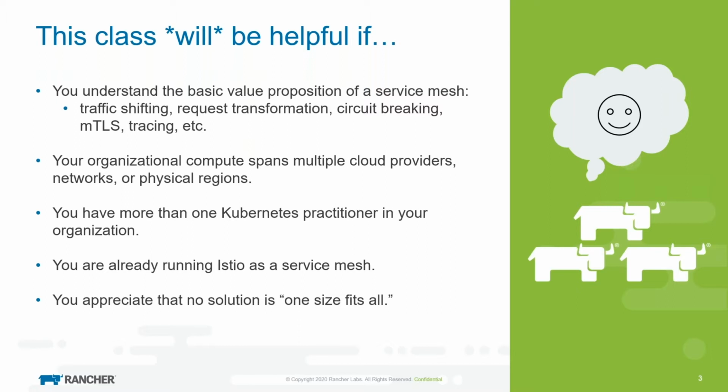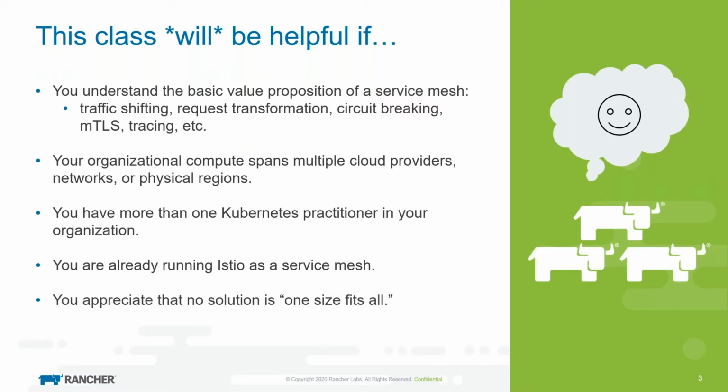Or you understand that the need exists. Secondly, an Istio that spans multiple clusters wouldn't be very useful if you're an organization that's only running one cluster. So there's kind of an implicit requirement here that you're spanning multiple cloud providers, maybe you have clusters in AWS and GCP and Azure, maybe you just want to span from the cloud to your on-prem data center, or maybe you just have a complicated networking scheme with your on-prem locations.